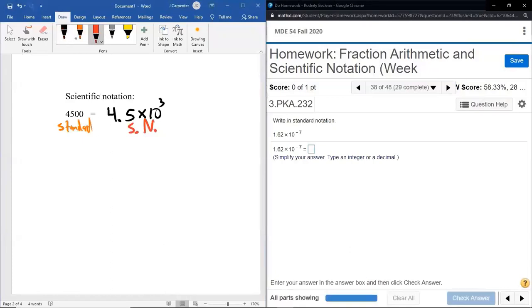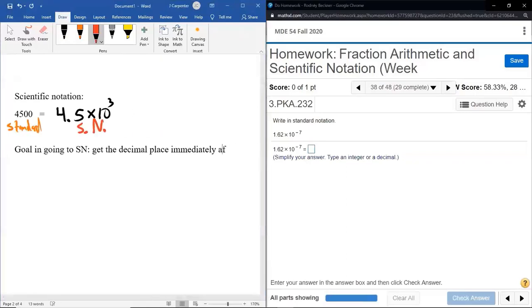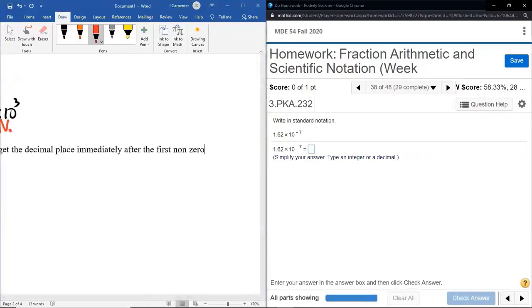The goal here, going to scientific notation, is to get the decimal place immediately after the first non-zero number.